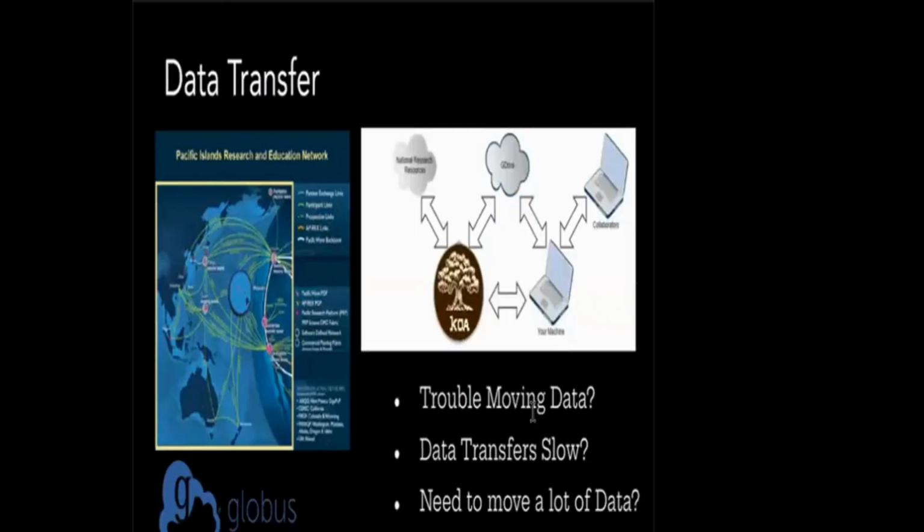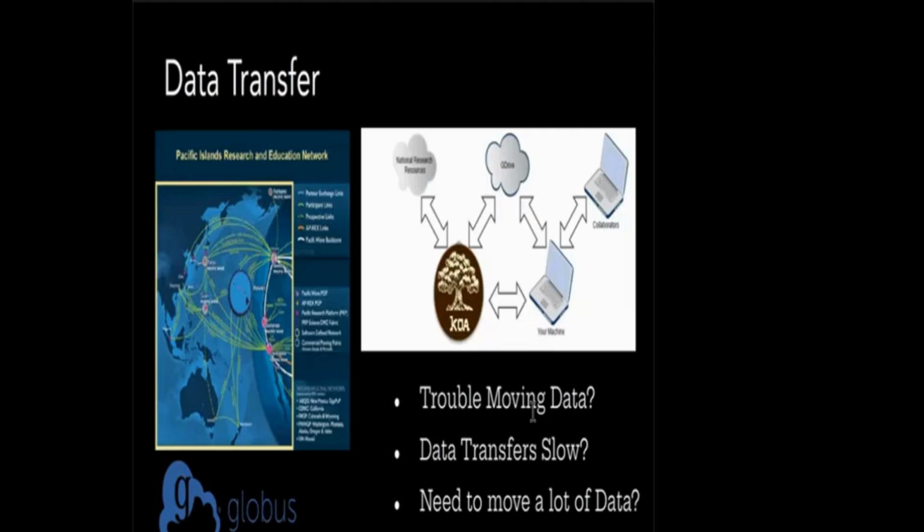So data transfer, that's what everybody's here for today. Besides what you hopefully will learn here, if you go back and you're actually doing your research and using COA or other resources and are having trouble moving data, or your data transfers are too slow, or you need to move a lot of data and the current speed you're getting is not good enough, you can contact us.